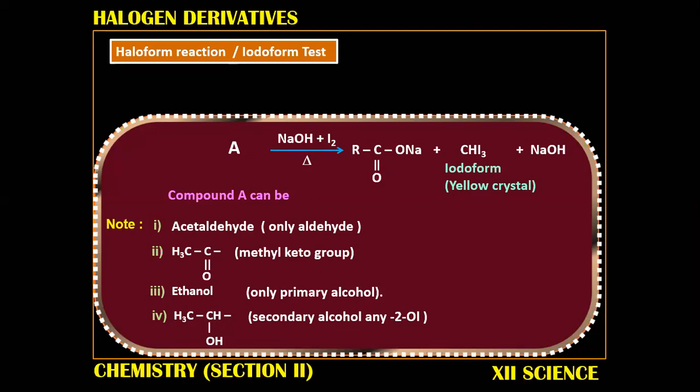In ketone it can be methyl ketone. In alcohol, the primary alcohol can be only ethanol, and the secondary alcohol can be any 2-ol. Any 2-ol means OH should be present on the second carbon. Copy down this everybody, and then we'll continue after 10 minutes for the next lecture.